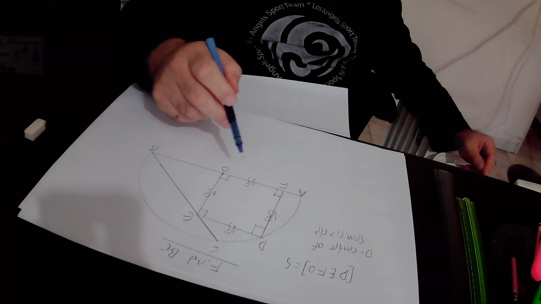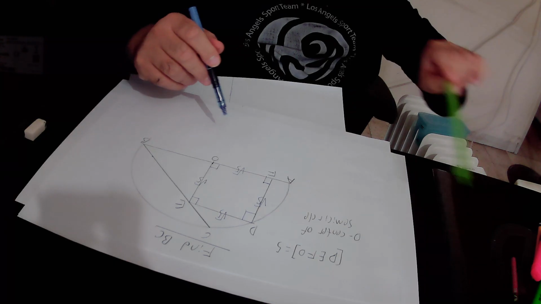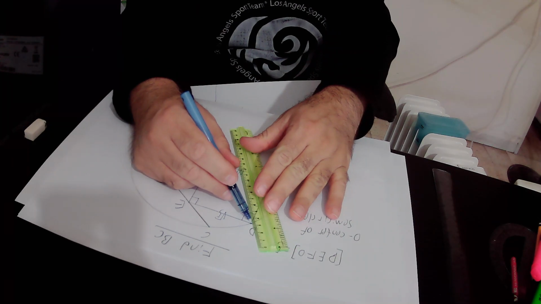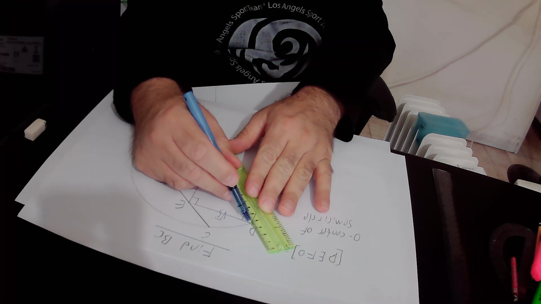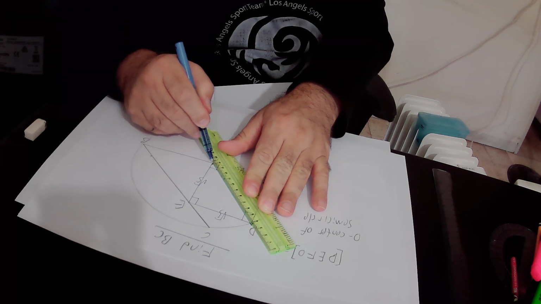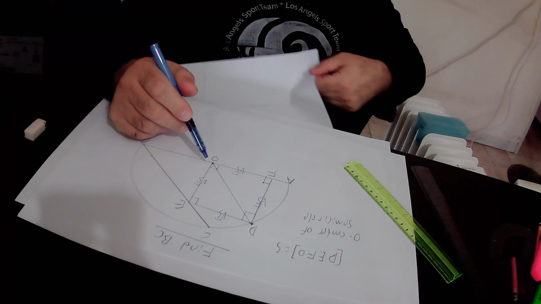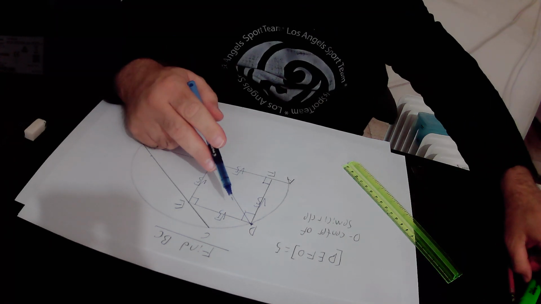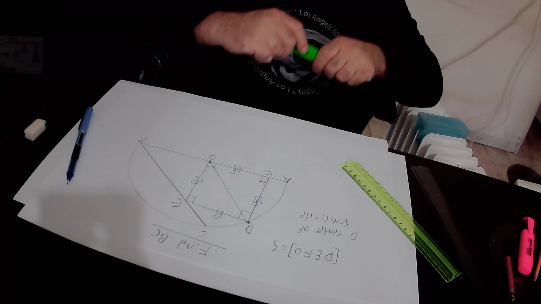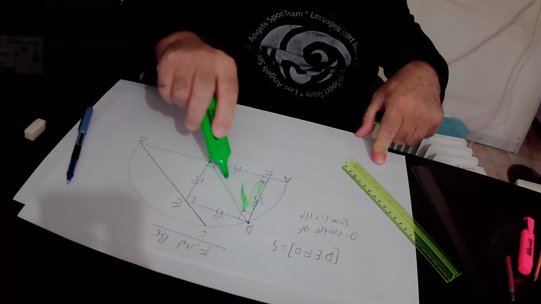In the next step we will join points D and O together by a straight line. By joining points D and O, we created here the right green triangle, triangle DFO.